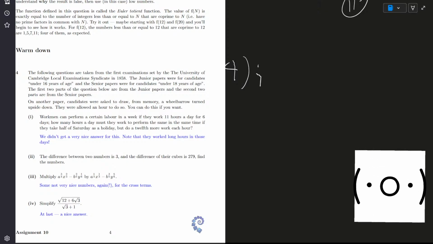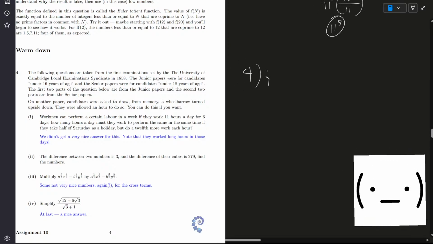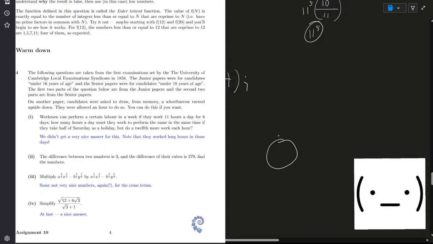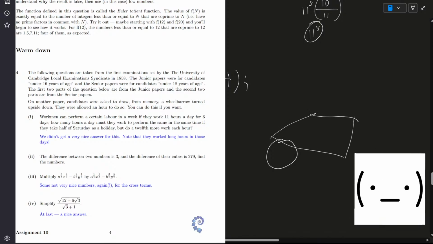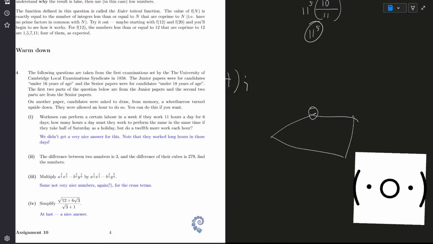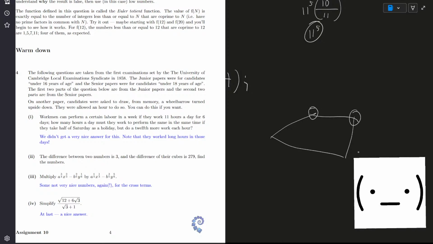On another paper, candidates were asked to draw from memory a wheelbarrow turned upside down. They were allowed an hour to do so. You can do this if you want. Wait, circle goes here. Circle goes here. Here.